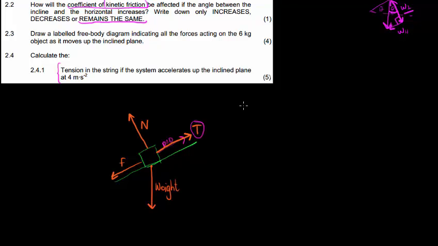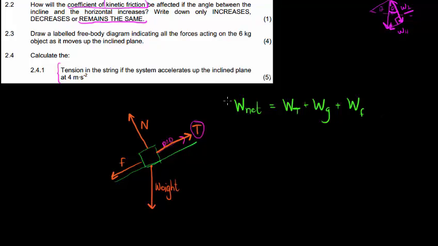I'm going to start with W net is equal to the work done by tension, plus the work done by gravity, plus the work done by friction. Are there any other forces? Only normal, but we don't need to do that one.